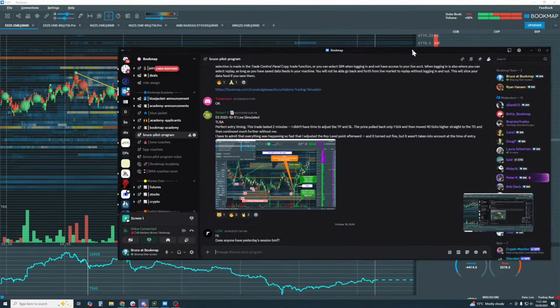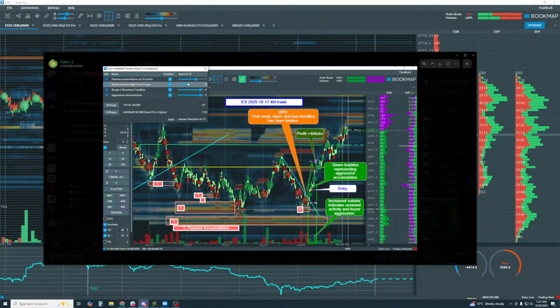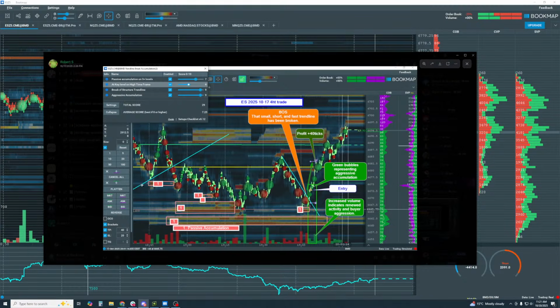Yeah, here's what Robert posted here, and Robert's new to the program. It started to kind of unfold in a different way. Robert, I need to take a look at more of your journal, but this is what I mean by some of the nuances in here. Number one here is he's looking for that passive accumulation.